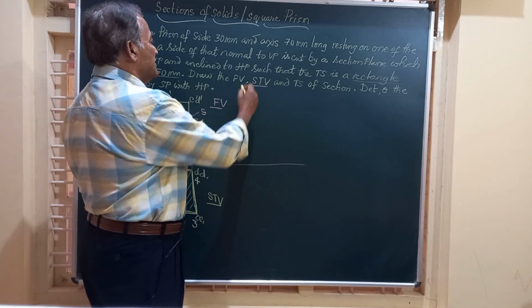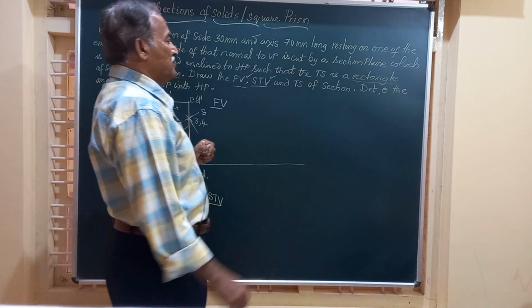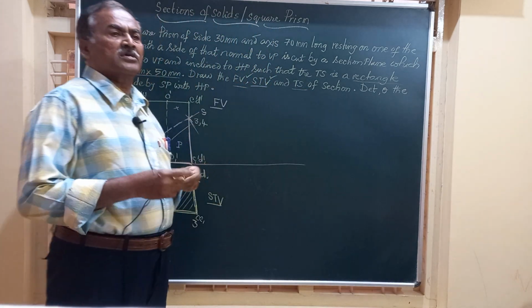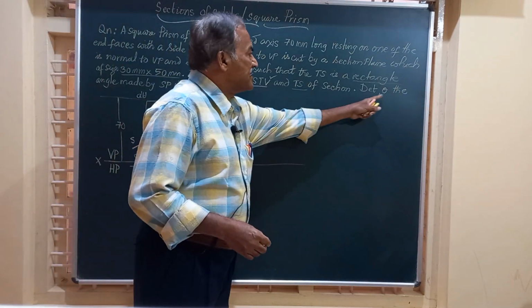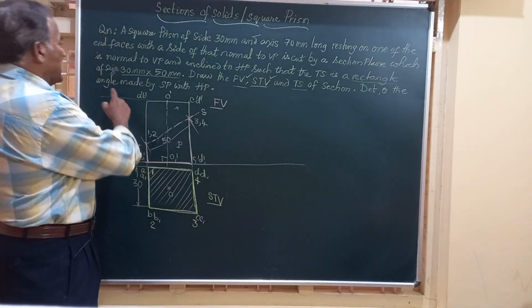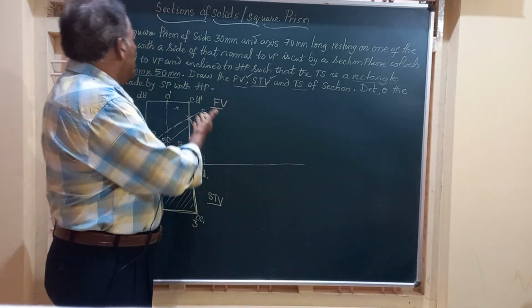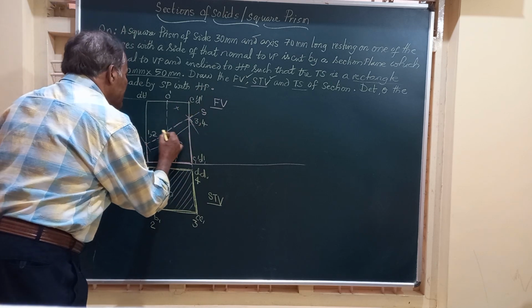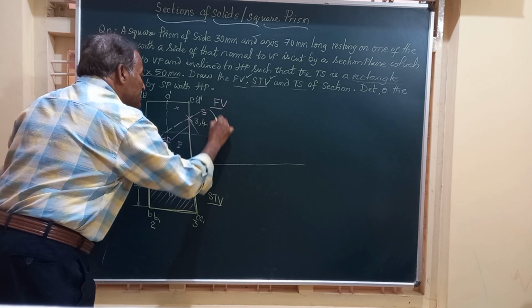We have completed the front view, we have completed the sectional top view, and the true shape of the section is to be worked. And now it is also asking you to determine theta, the angle made by the section plane with HP. So before we go to the true shape, friends, you can draw a line through this axis anywhere where it is cutting and measure this angle.